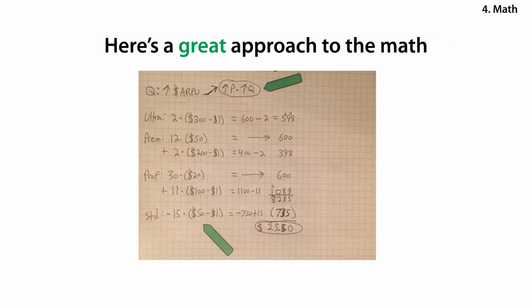Now I'm going to talk through an example of a great performance on doing the math, and it's by finding a powerful shortcut. So the question is, how do we find the increase in average revenue per user if we were to match the price and the mix?